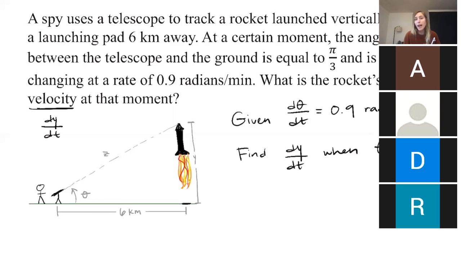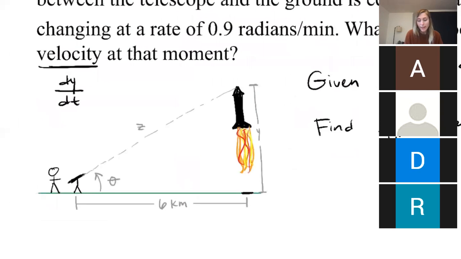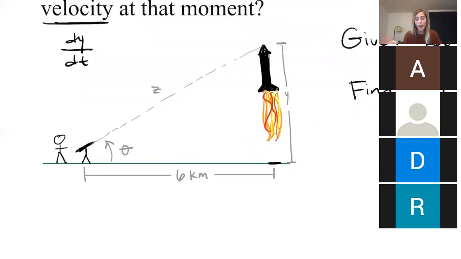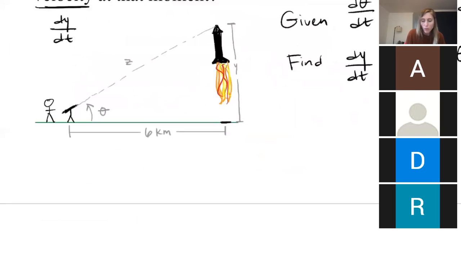And that's because we are given d theta over dt, and we are being asked to find dy over dt. We are not given any information about z or the rate at which z is changing. And you probably noticed that this picture, with z and y changing, creates a right triangle. So if you think back to right triangle trig, that's when you were using SOHCAHTOA.